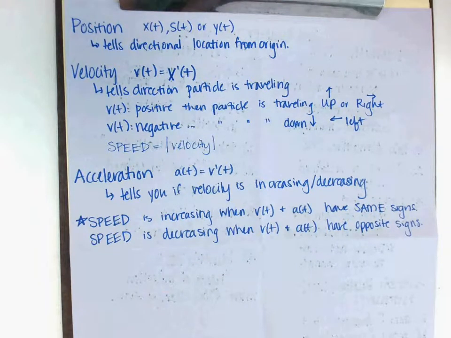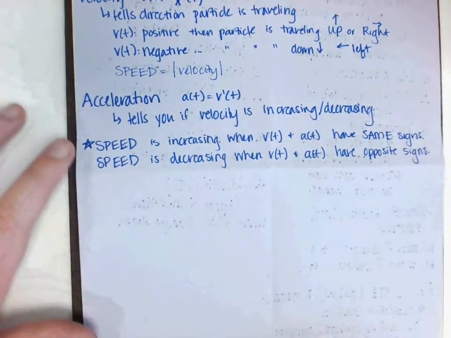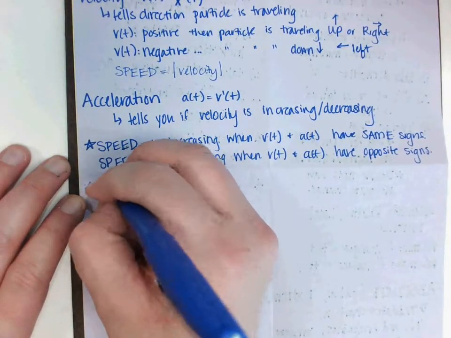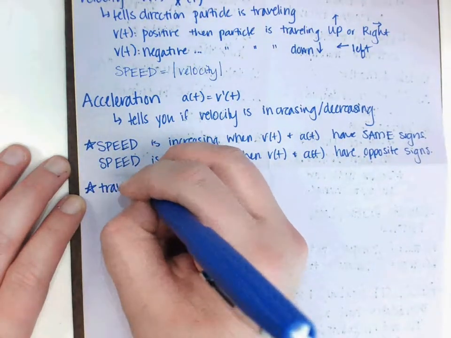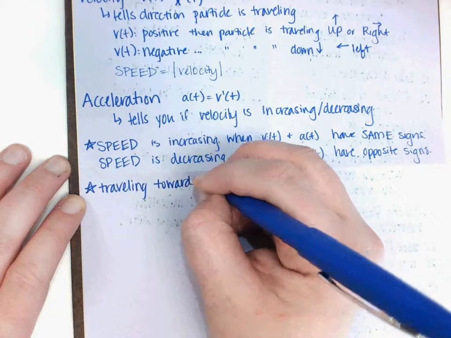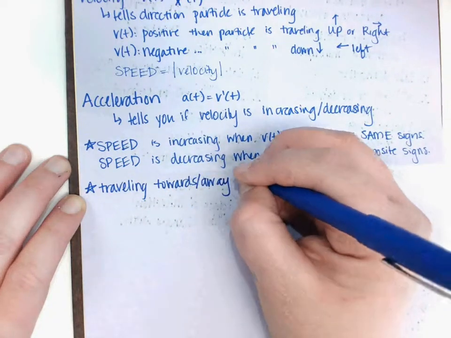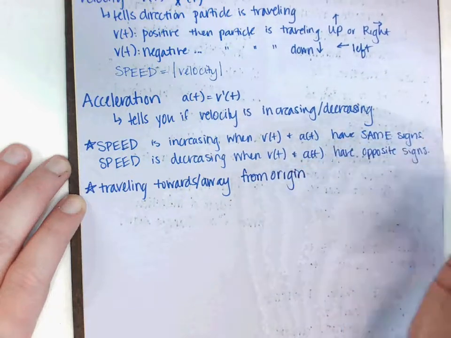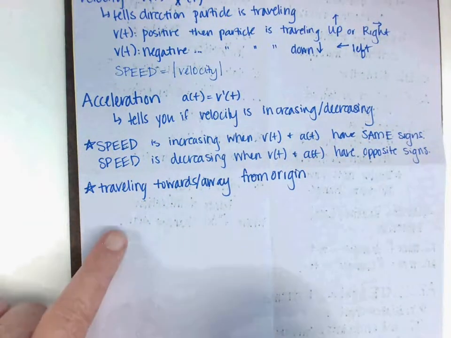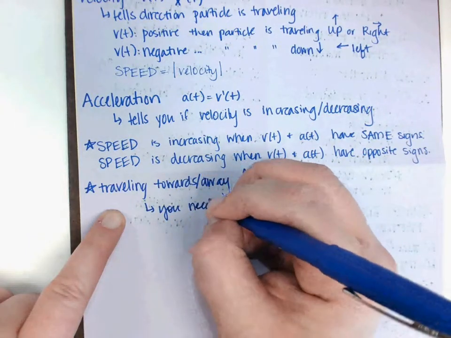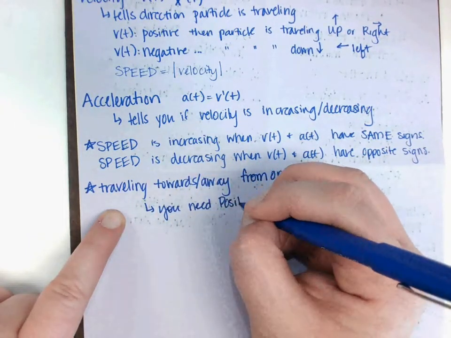And then the last thing that I'm going to add, that I just thought of, is the towards or away question. Okay, remember you're traveling towards or away from the origin. Okay, that requires you to know the position and the velocity.